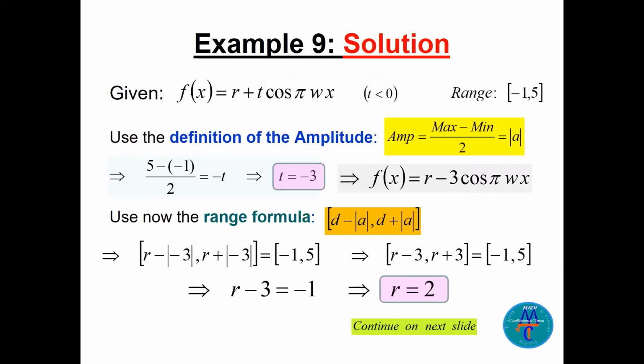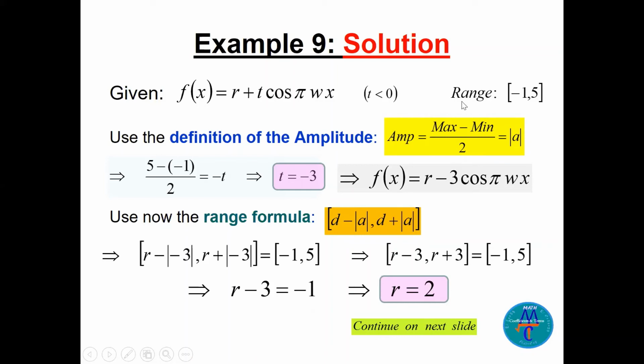Now let's start. Remember, there's a condition t negative. Let's use the definition for the amplitude. The amplitude by definition, if you check lecture 15, the maximum minus the minimum divided by 2 is equal to the absolute value of a. All right, a is the coefficient of the cosine or the coefficient of the sine.